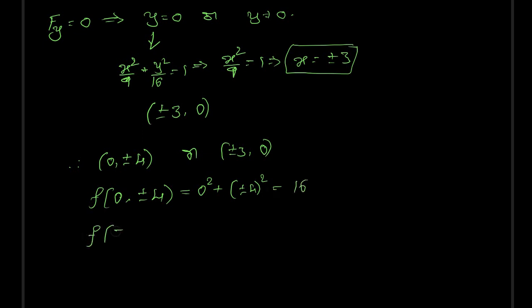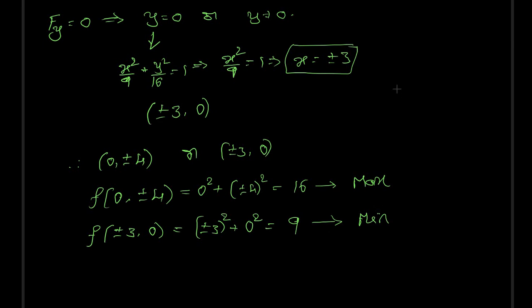Similarly, f of plus or minus 3 comma 0 is plus or minus 3 whole square plus 0 square, which is 9. Now it says that this is the maximum and this is the minimum.